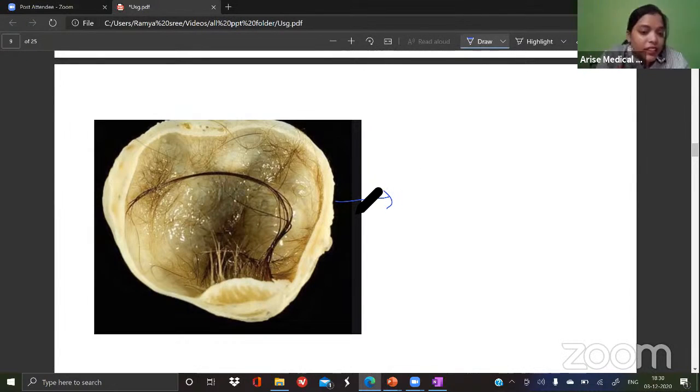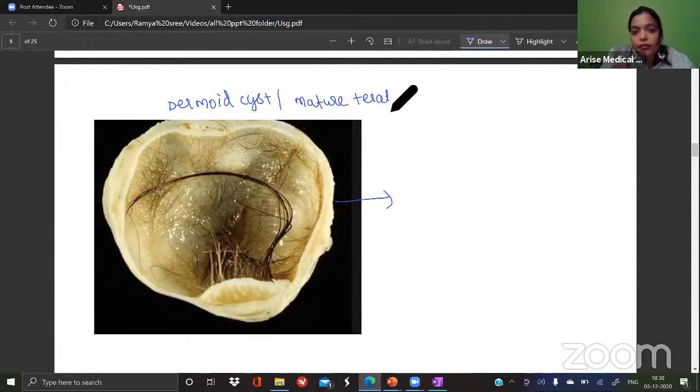Which ovarian cyst has hair, sebaceous material, and Rokitansky protuberance? Excellent. This is nothing but a teratoma. That is dermoid. That too you have to tell, mature teratoma. So this is a dermoid cyst or mature teratoma. Dermoid cyst has the Rokitansky protuberance, hair, sebaceous material, thin cyst wall.